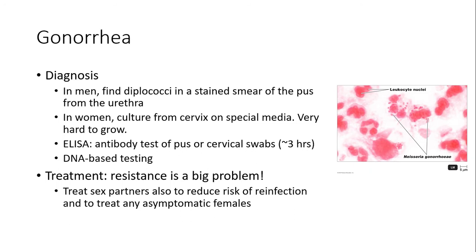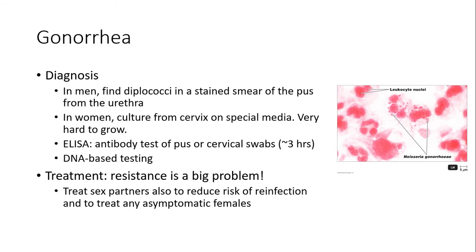It's one of those that's really well adapted to living in the reproductive tissue, and it doesn't grow nicely in the lab. You can also do an ELISA test, which is an antibody test of the pus or cervical swabs, and this gives results in about 3 hours. So this is obviously preferred compared to culture. And then lastly, we have DNA-based testing to give you a rapid and very specific diagnosis.